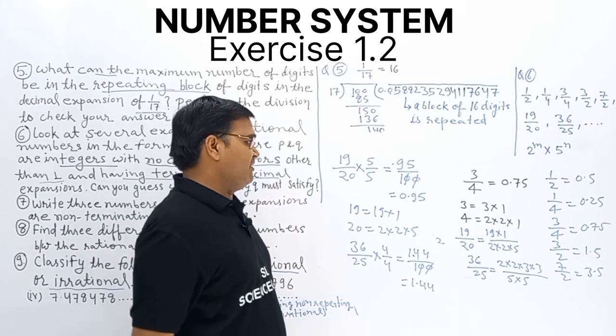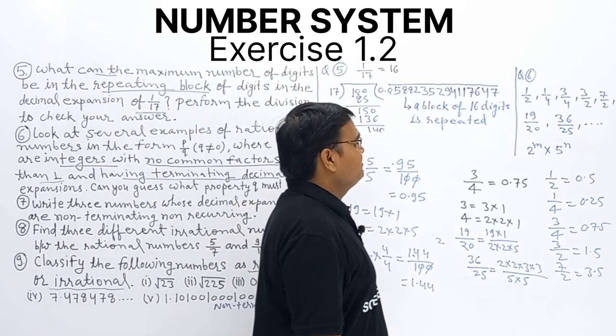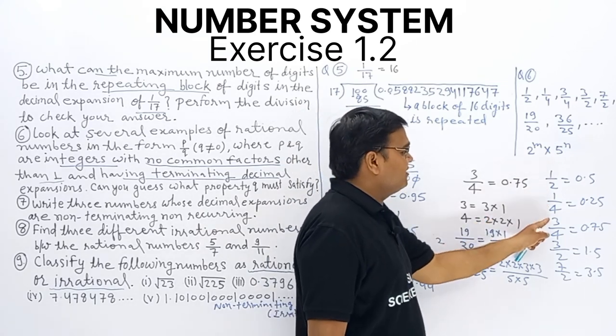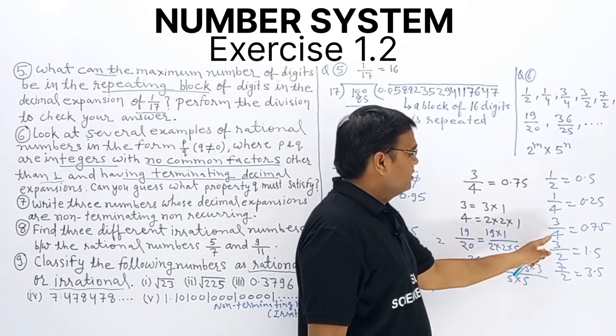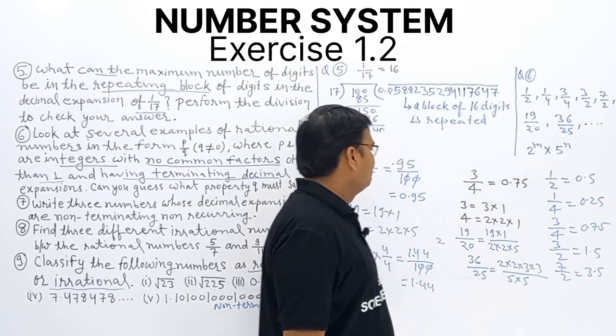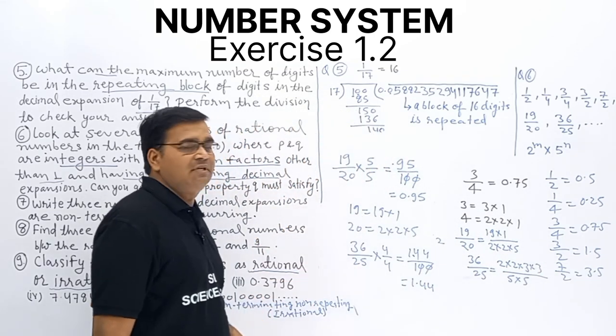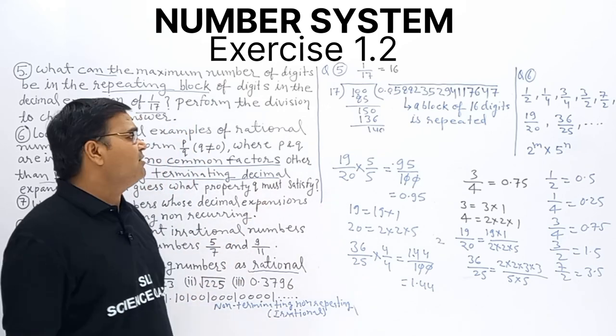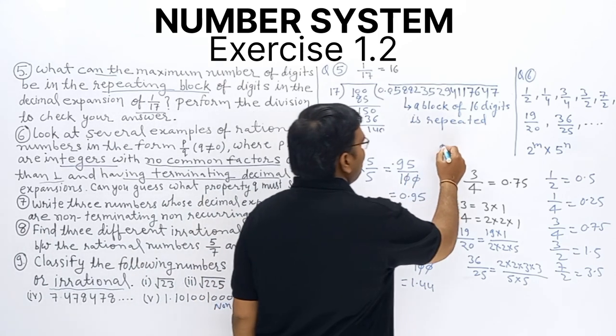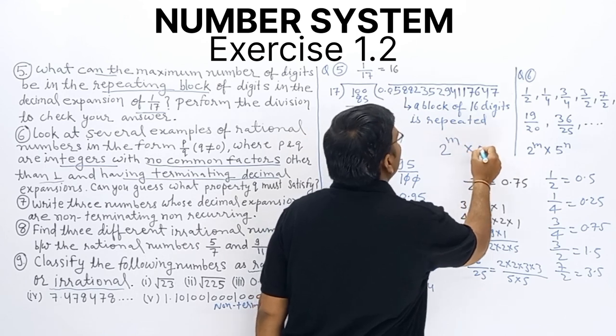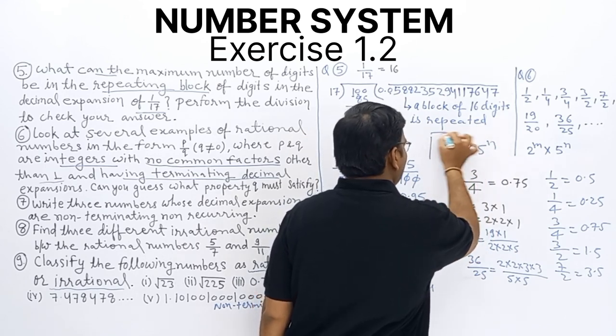In these questions we are having denominators 2, 4, 4, 2, 2, 20 and 25, and the denominators are in the form of 2 power m into 5 power n.